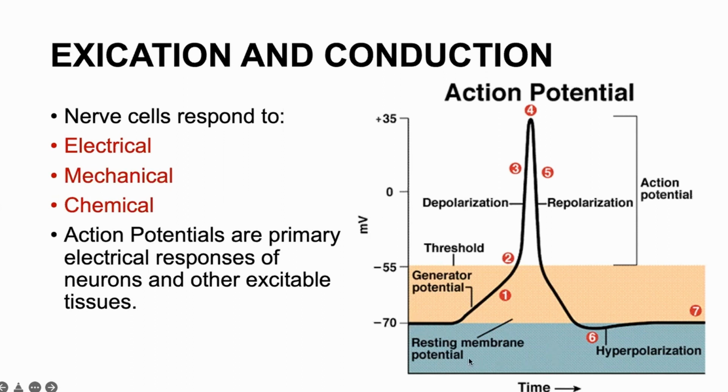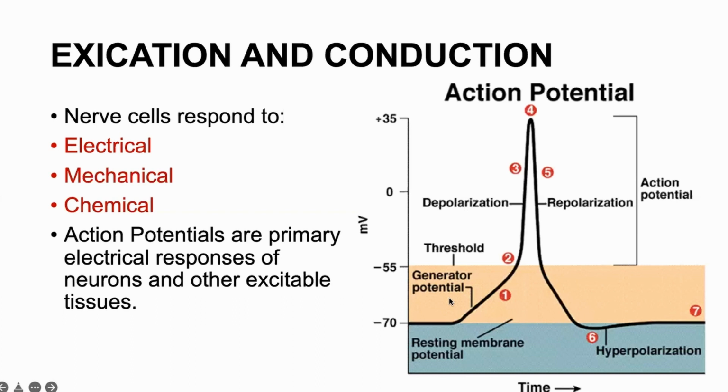The cell is at rest, nothing is stimulating it to do anything. So it's around negative 70 millivolts. You can have a stimulation or a generator potential. This is where we say it's sub-threshold. Once it's within this area, for example, if I touch you and the mechanical ion channel stimulates an influx of sodium, the sodium is not enough to take it to a threshold.